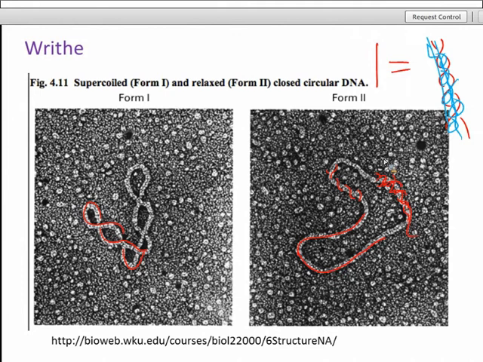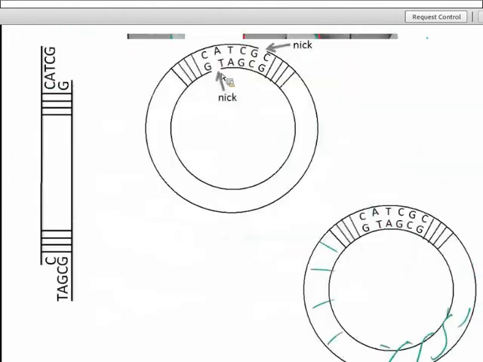DNA likes to have a particular twist. If you close it up so that it has its preferred twist, it would be happy. But if we close it up so that it has this very underwound twist, then it will supercoil upon itself. You can do your own experiments by taking a belt and twisting it, or just take any type of cord.